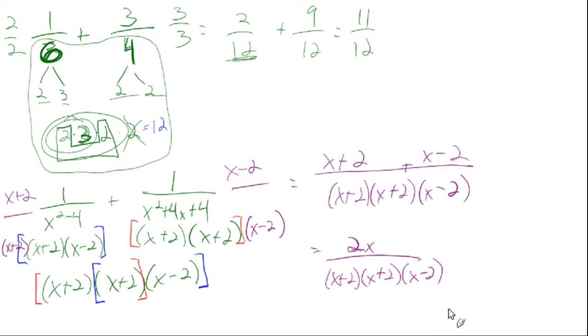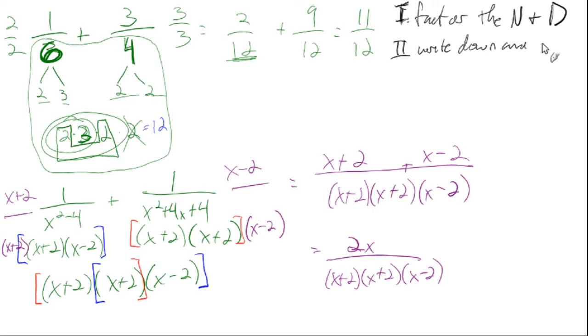All right. So the whole process is factor these out. Maybe let's make a little list here. Factor the numerator and denominator. Then we could write down any shared factors. What that looked like was these shared a factor of x plus 2.